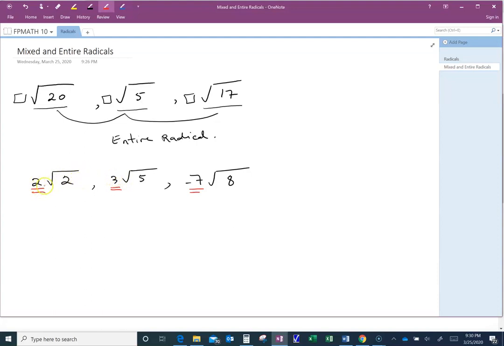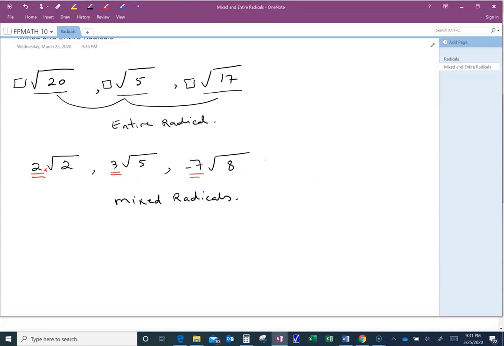So this is 2 times root 2, but we don't write the actual multiplication sign here. That is implied, and these are called mixed radicals.